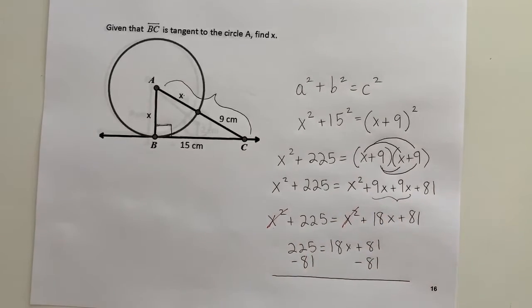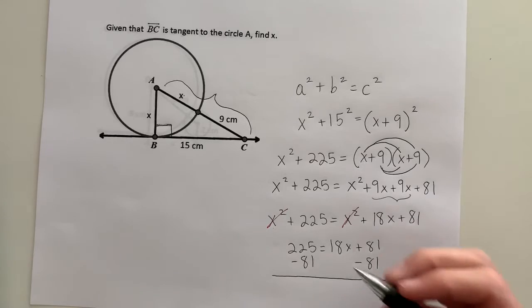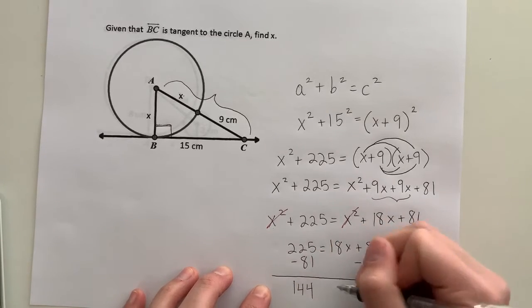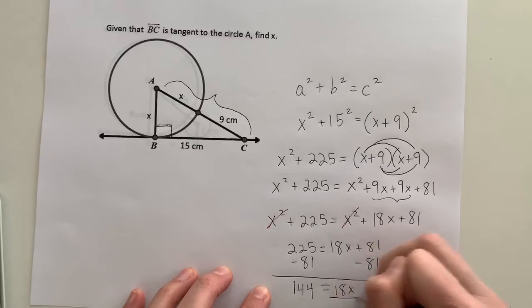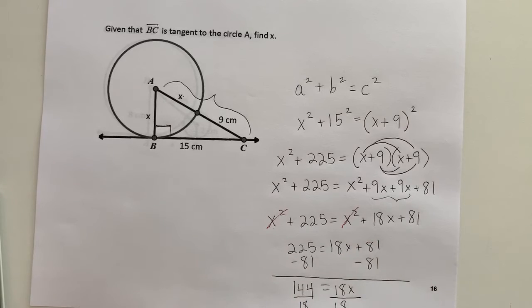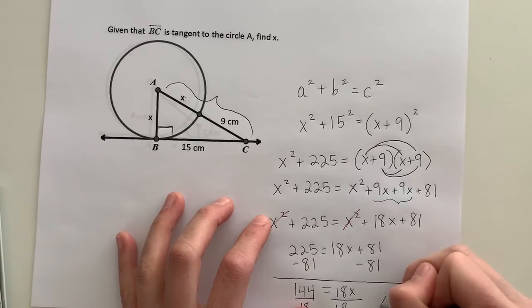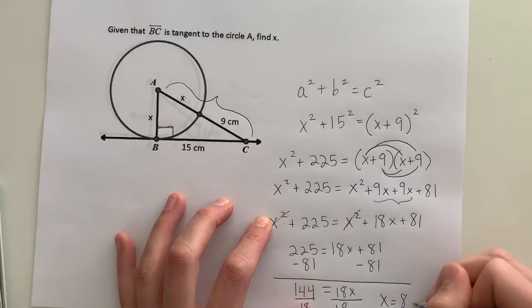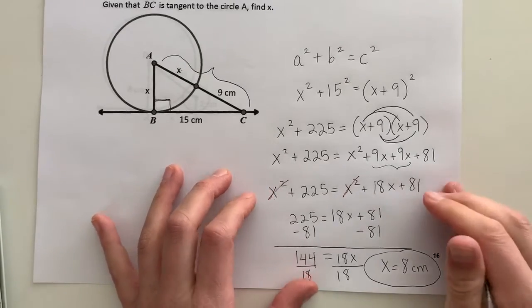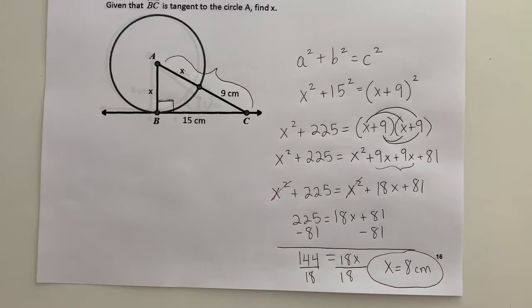So we're doing 225 take away 81, and then dividing by 18. 225 take away 81 is 144, equals 18x. And 144 divided by 18 ends up being 8. So x in this case is 8 centimeters.